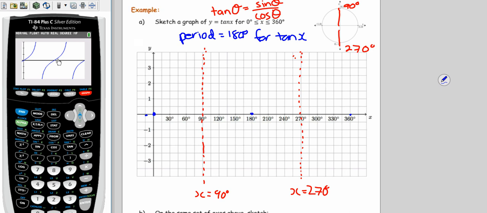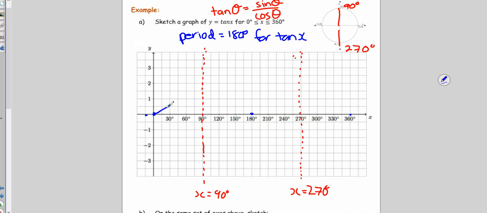It goes up, swerves around here and goes up, and then it goes up here. But don't sketch it beyond 360. So it goes up like here, here it's going down, and here it's going up.